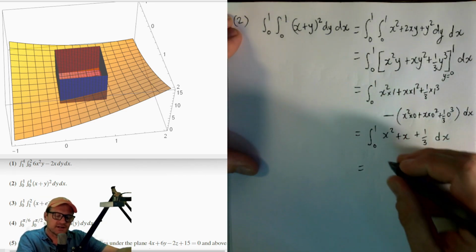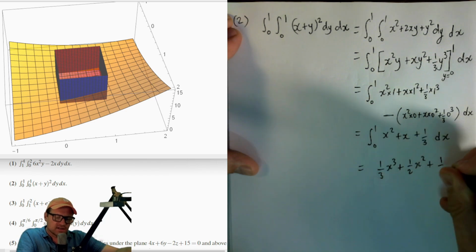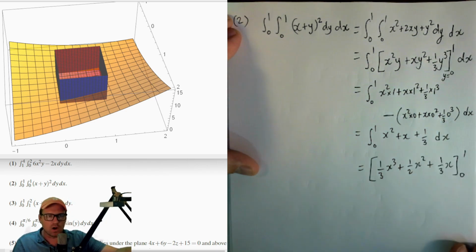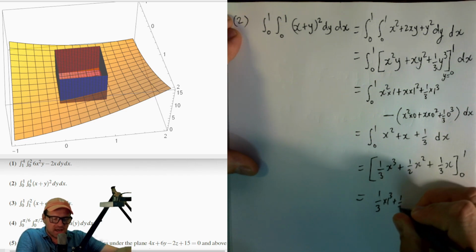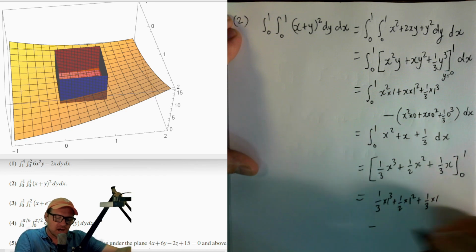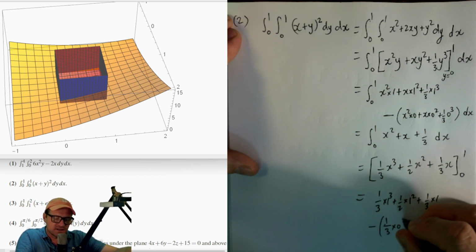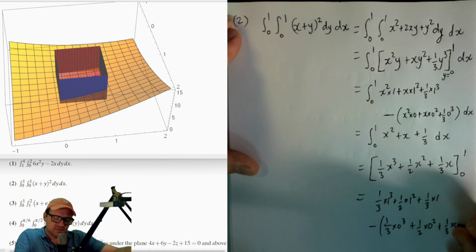So integrating this function, we have 1/3 x cubed plus a half x squared plus 1/3 x from 0 to 1. So let's sub in the 1. We have 1/3 times 1 cubed plus 1/2 times 1 squared plus 1/3 times 1. And then minus, in brackets, 1/3 times 0 cubed, half times 0 squared, and 1/3 times 0.